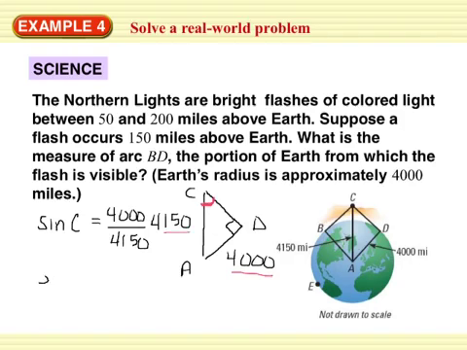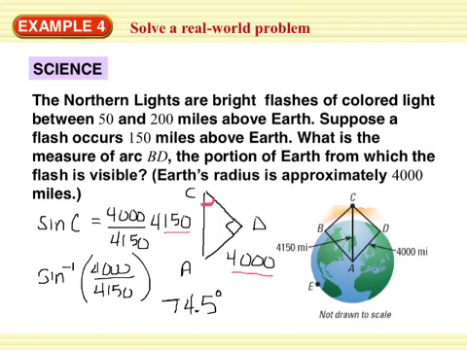You think that stuff's going to go away after we're done taking a test. It doesn't. Let me get my calculator. I'm doing the inverse sine of 4,000 divided by 4,150. That is 74.5 degrees.